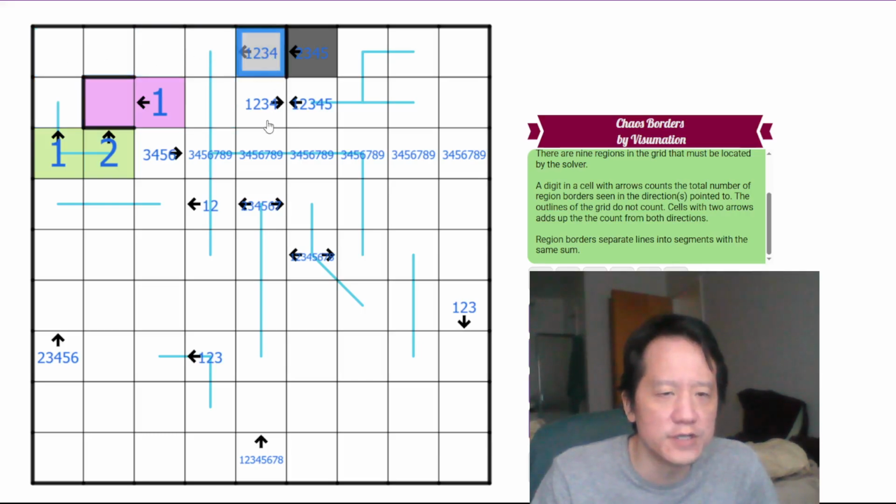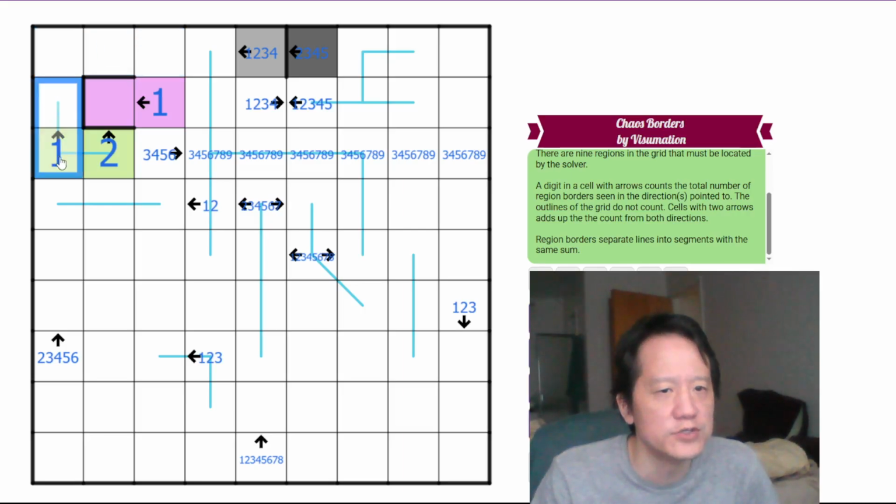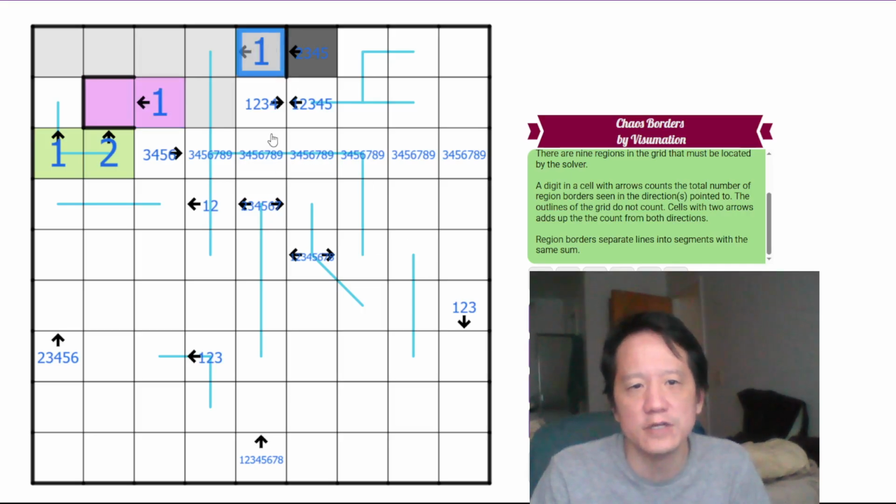So either way, this has to be 1, because this has to be 2 separate regions here. So either this is a region here, and this is part of green, or this is a region, and this is green, right? We don't know. Either way, this has to go out. It cannot be part of this region, so it has to always go out this way. So this is actually guaranteed. So this is always 1.